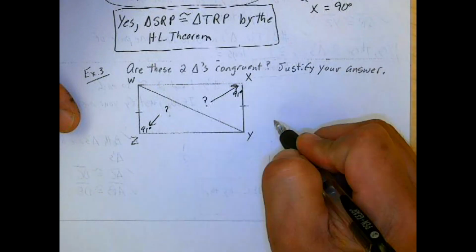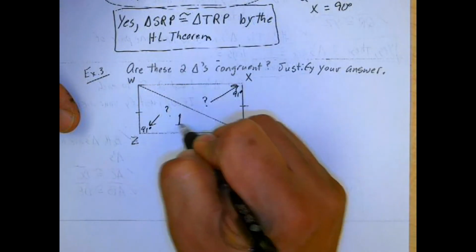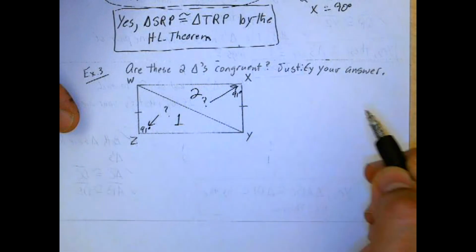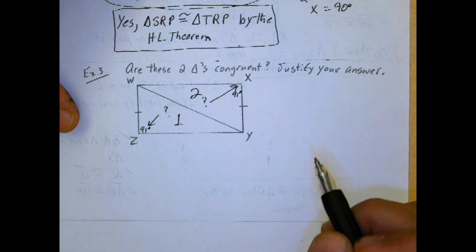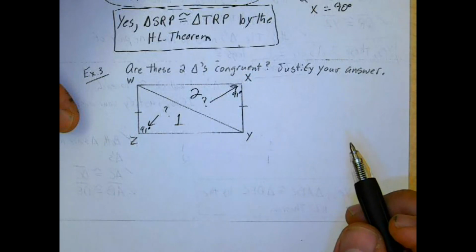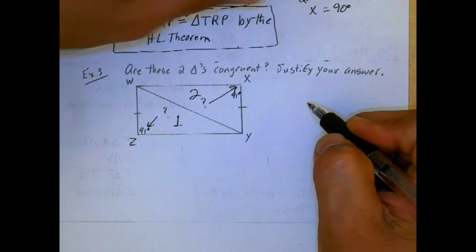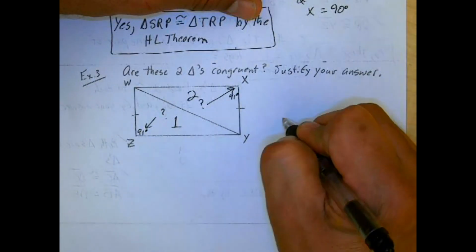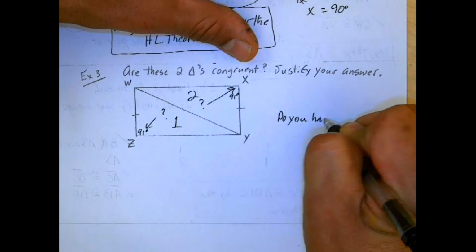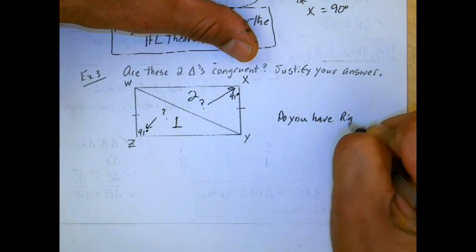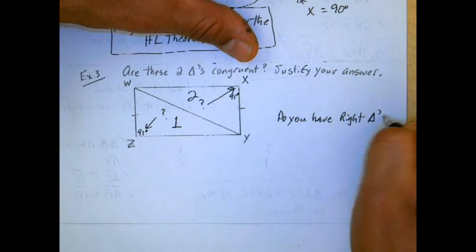Okay? So this set of triangles here, triangle number 1 and triangle number 2, are not congruent to each other using the HL theorem. You need to have right triangles in order for that to happen. So, do you have right triangles?